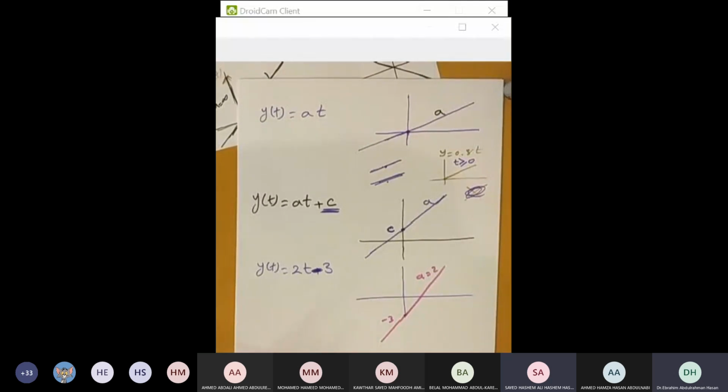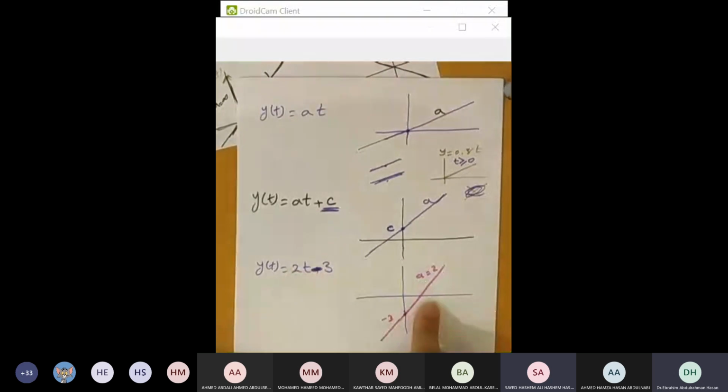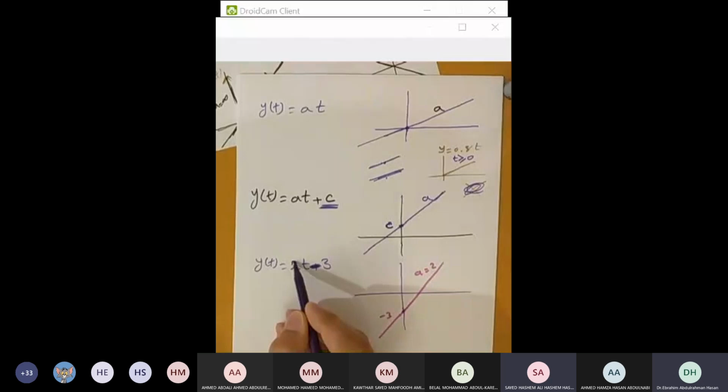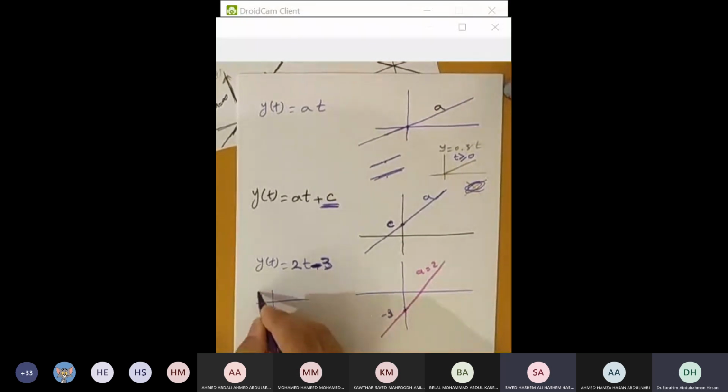If I want to plot this one, there is one way: take the slope, and you know that the slope is more than 1, so the angle should be more than 45, and the y-intercept is equal to minus 3. Another way to plot any straight line: you need 2 points, any 2. This is t and this is y.